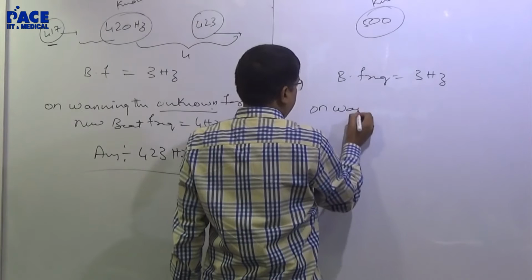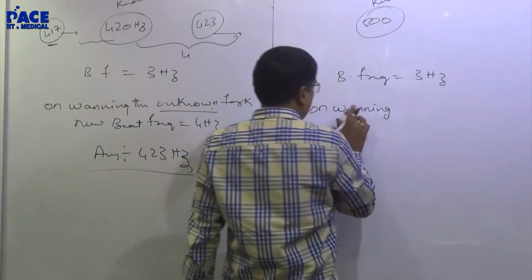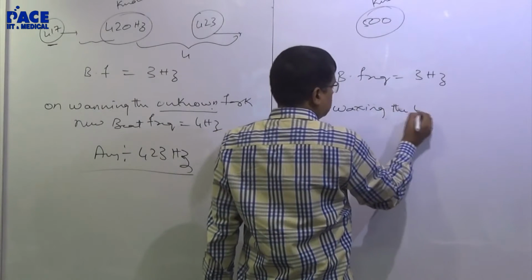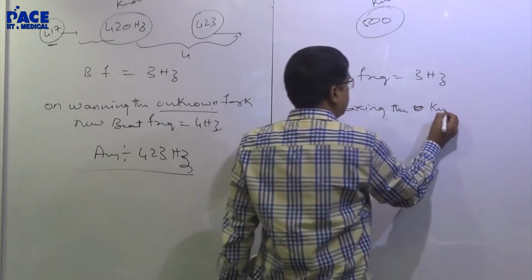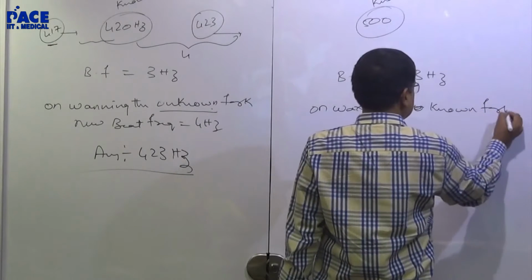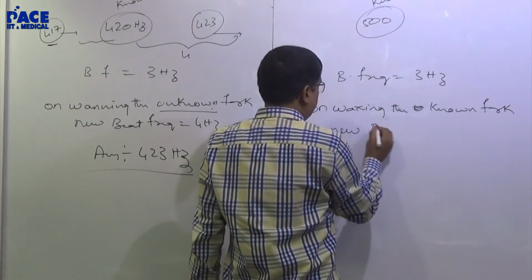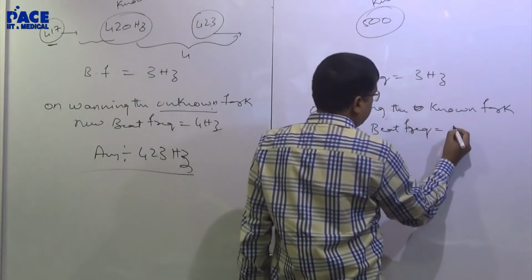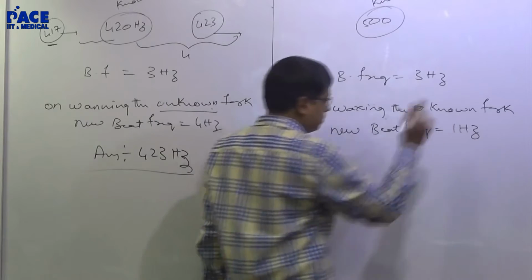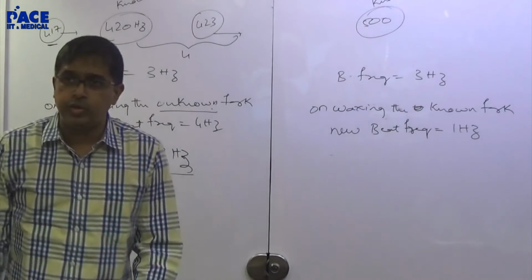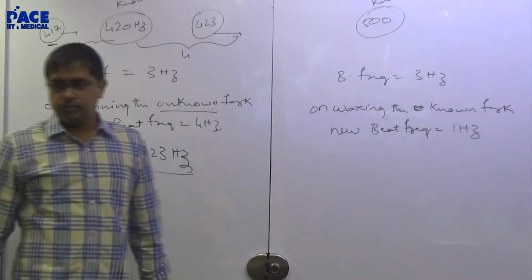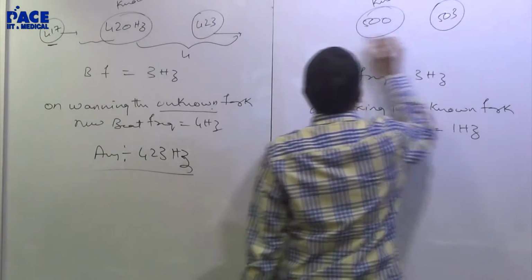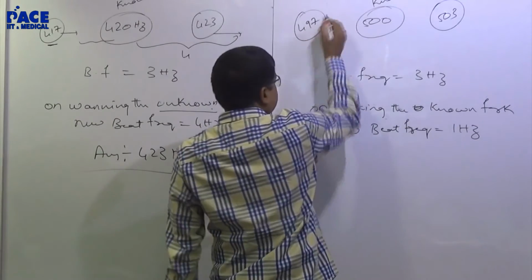On waxing the known tuning fork, the new beat frequency is 1 hertz. What is the frequency of the unknown tuning fork? I have two options here, 503 or 497.